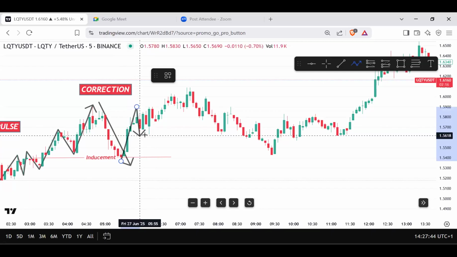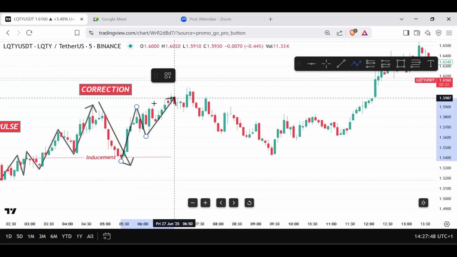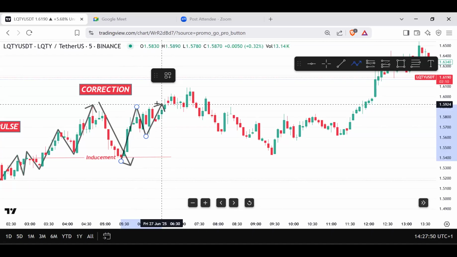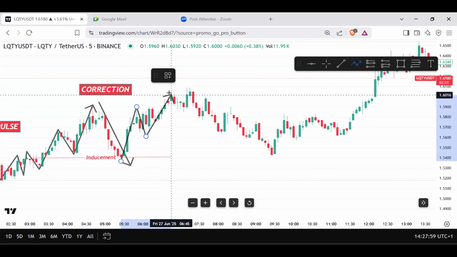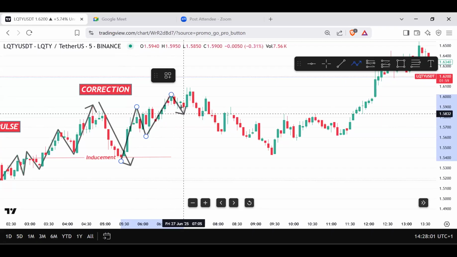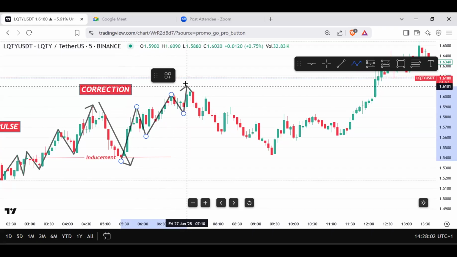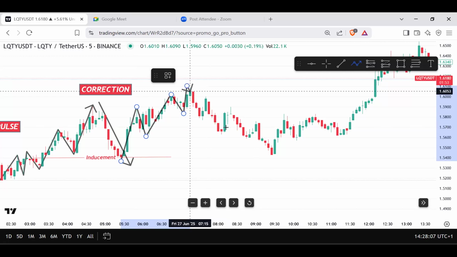So we had this impulse, correction. Valid pullback, then continuation, another valid pullback, continuation. Now correction.